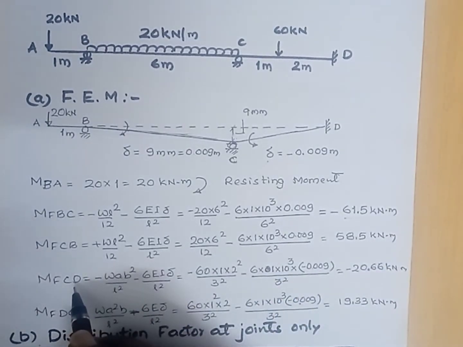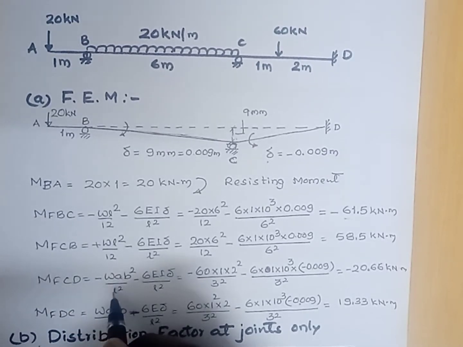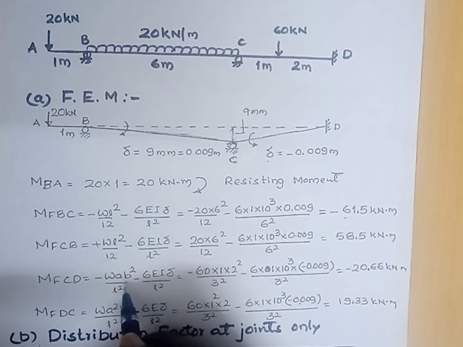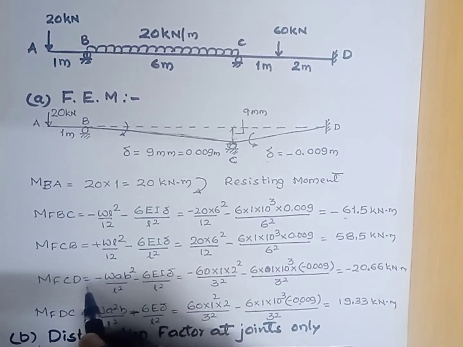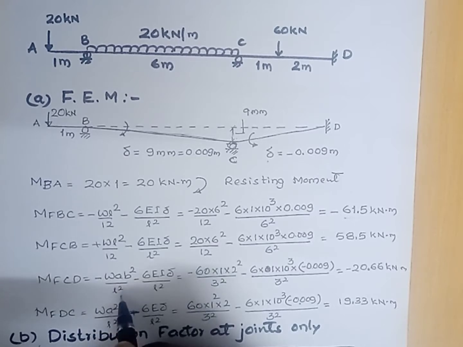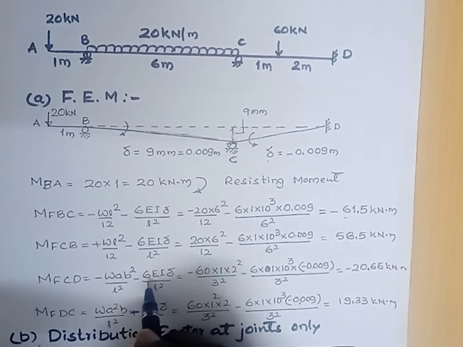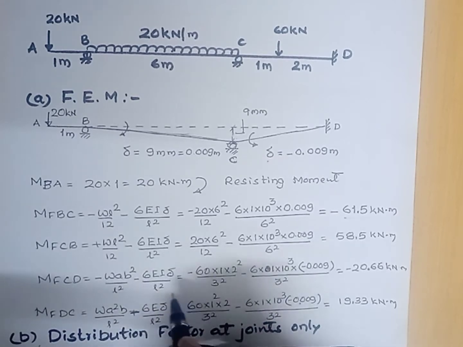Then MFCD, CD is subjected to point load and the total length is 3 meter. Here a is 1 meter, b is 2 meter and delta is minus 0.009 meters. Then by substituting the values, MFCD is anti-clockwise, minus W a b square by L square, minus the additional moment due to sinking, that is minus 6 EI delta by L square.